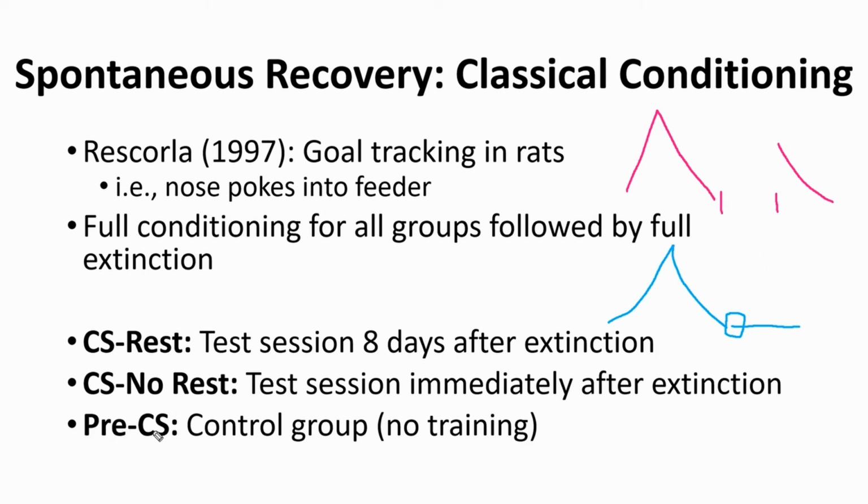We'd also have a preconditioned stimulus group. This is just a control group that received no training. So it's how often do rats poke their heads into feeders when they've not been told that a particular sound or stimulus is associated with getting food. So our 3rd group is just a blind control.